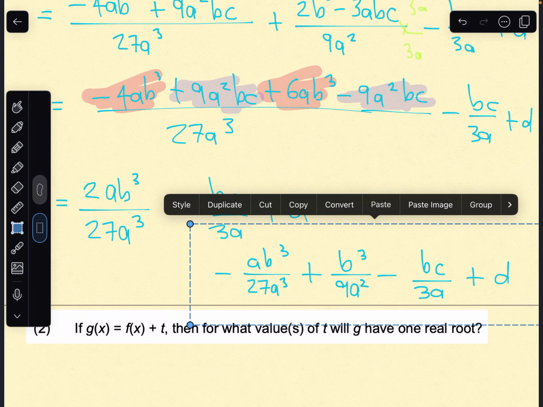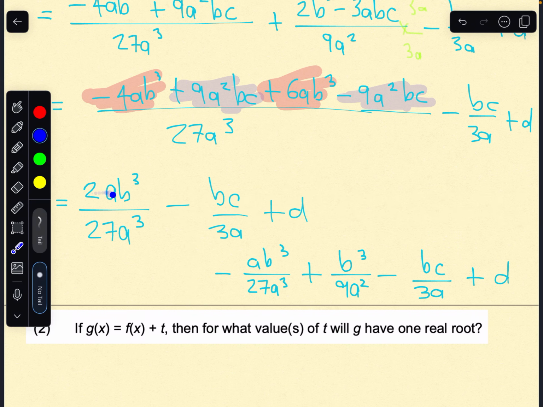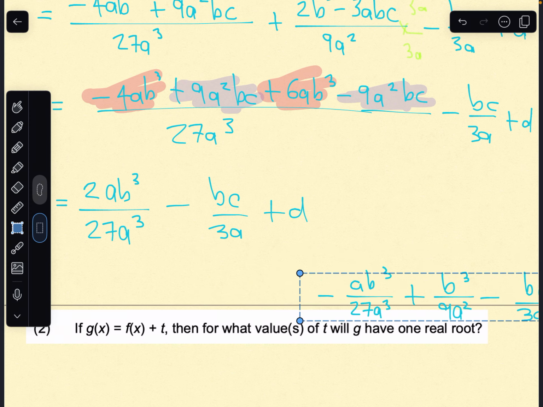Now what I want to do is split this term up so that we have a minus ab cubed over 27a cubed. That would mean I need to say minus ab cubed over 27a cubed plus 3ab cubed over 27a cubed, so that I end up with a 2. And then hopefully that plus 3 whatever is going to simplify to this. I'm going to officially keep this very nearby because the end is nigh, guys.